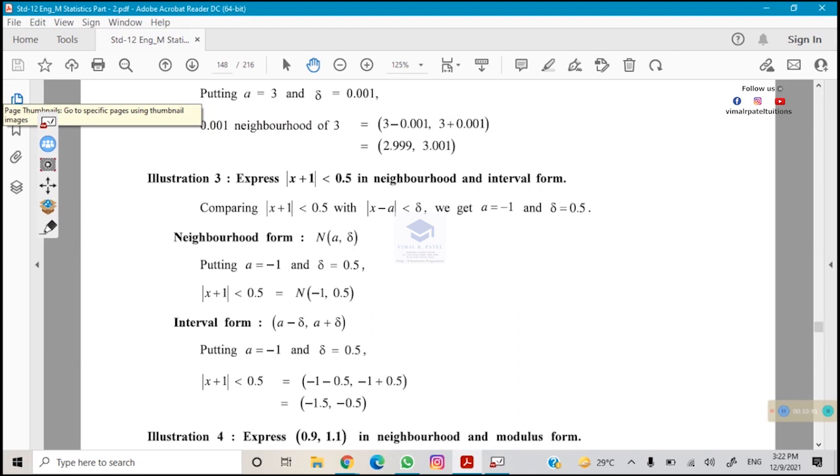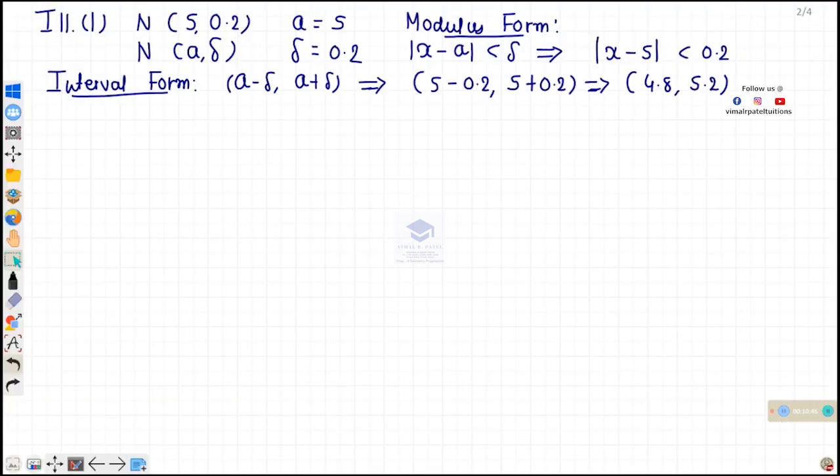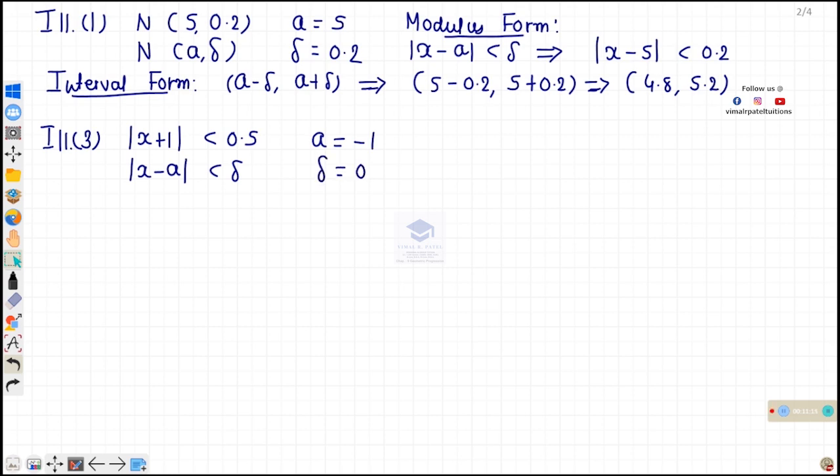Express modulus of x plus 1 less than 0.5 in neighborhood and interval form. Modulus of x plus 1. This is your modulus form. So I will compare it. I will get a equal to minus 1 and delta 0.5.